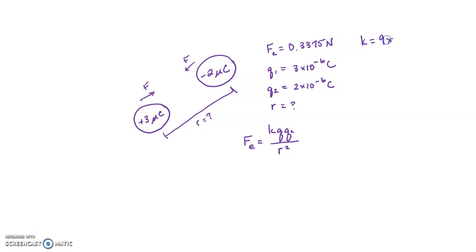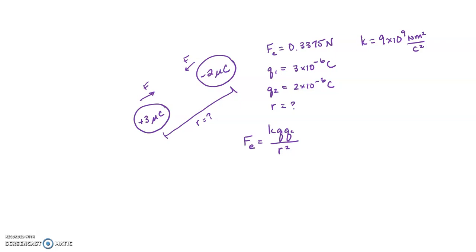It is always equal to 9 times 10 to the 9th newton meters squared per coulomb squared. It's just there to make the math work out so that these ideas of charge will work with the idea of what a newton is. It's just a mathematical thing to get everything to talk to each other, so we get a common language.